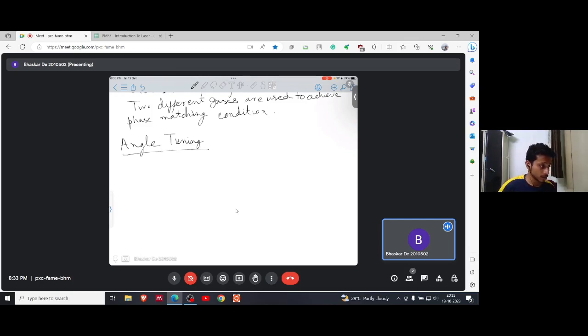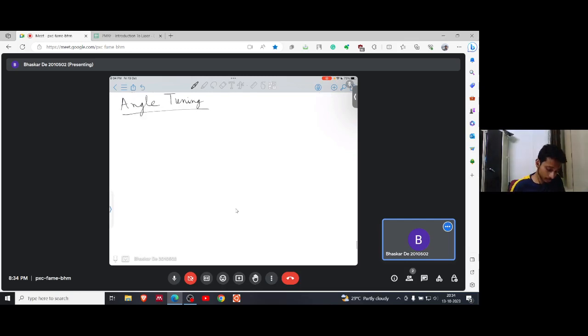In a uniaxial crystal we have the ordinary ray that is polarized perpendicular to the plane that includes the optic axis, and the extraordinary ray is one that is polarized in the plane of the optic axis. This is the ordinary ray.